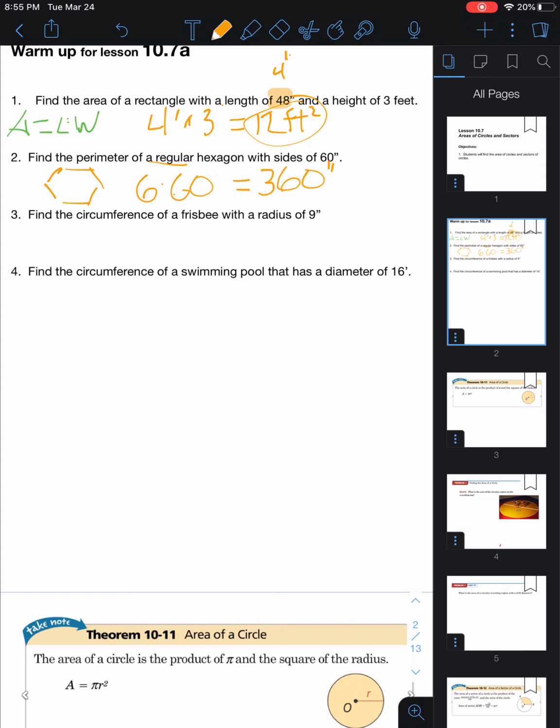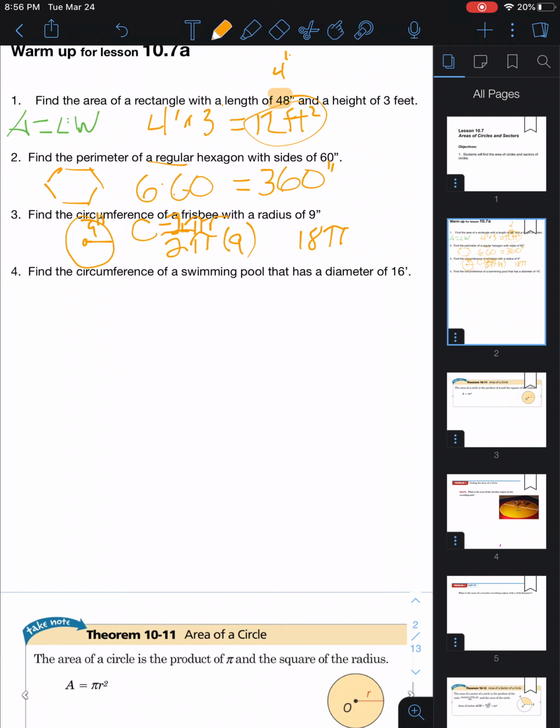The circumference of a frisbee, remember frisbees are circles, and it has a radius of 9 inches. Our circumference, we said C equals 2 pi r. 2 times pi times 9 would be 18 pi, leaving our answer in pi.